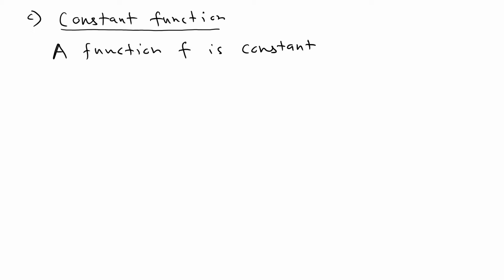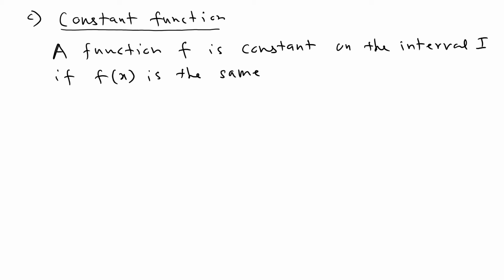You can say a function is constant on the interval I if f(x) is the same for all x in the interval I. What does that mean? You pick any points in the interval I, and you're going to get the exact same values.